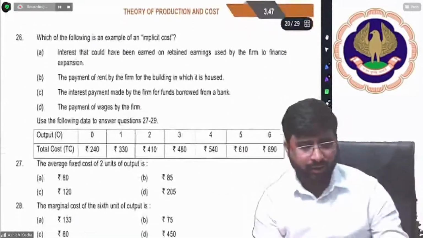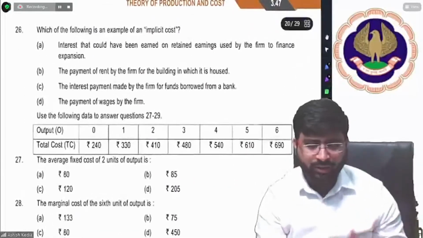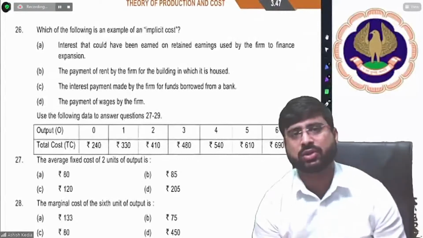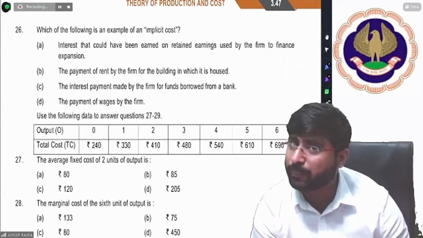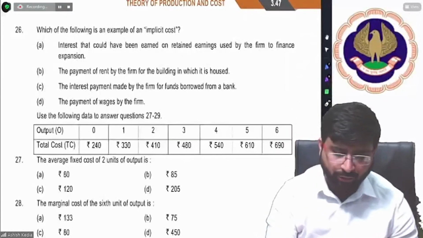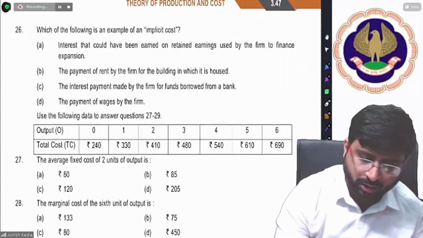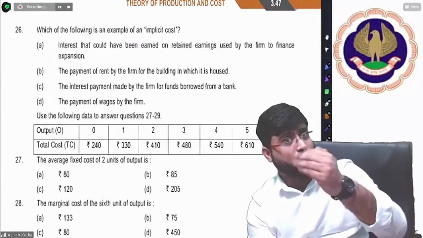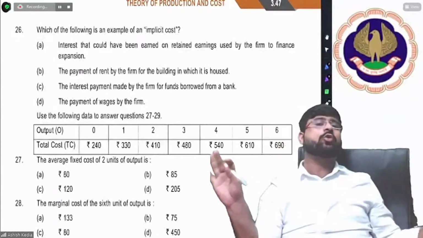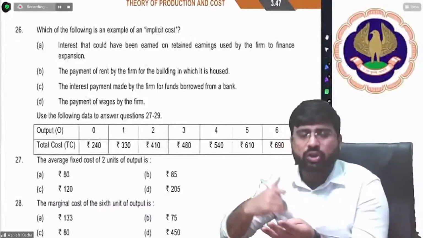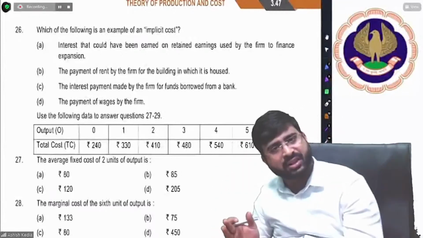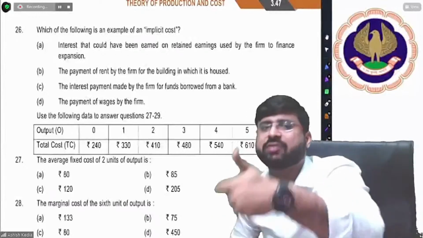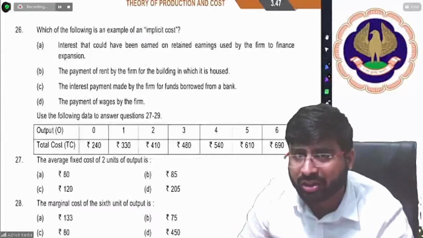All right. Now moving on. Which one of the following is an example of implicit cost is what they're asking. Implicit cost is a cost which doesn't result in actual outflow. It's basically the money was supposed to come in, but since we are using the resource for our own business, we are sacrificing the income that we could have earned on that own resource.